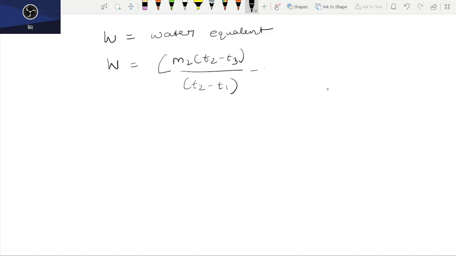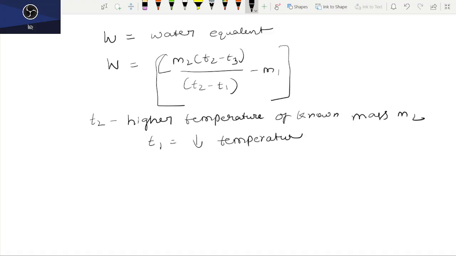It is the lower temperature. The arrow mark indicates the lower temperature, right? And the lower temperature of mass M1. And T3 is the total resultant temperature. So these are the specific terms given in the equation.